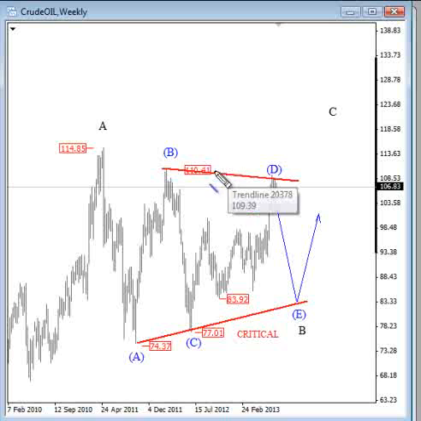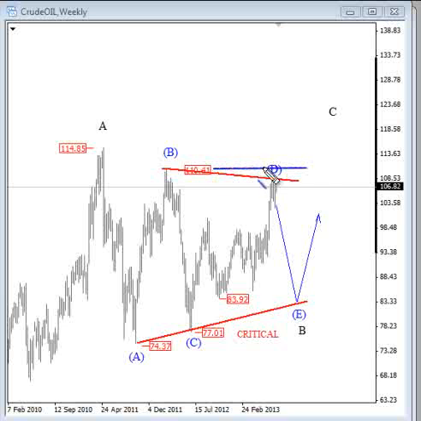This wave D is very close to our invalidation levels, because we know that if that's a triangle, then this wave D must not move above this wave B. We are still below these levels, but very close, so it will be interesting to see how the market responds around this 110 level.